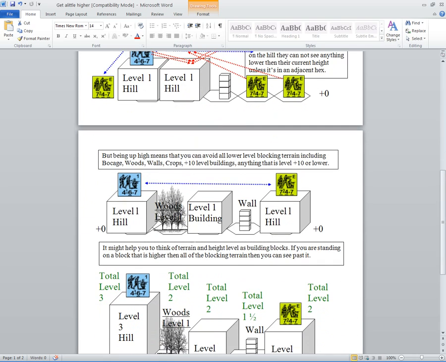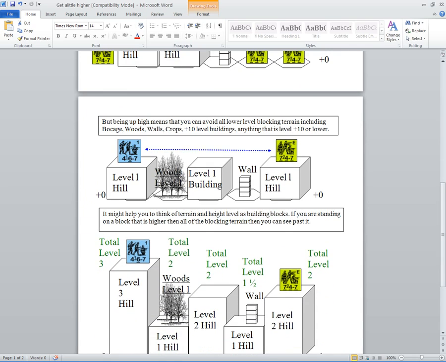Alright, but when you go up in height, that means you can avoid all the lower level blocking terrain, including bouquets, woods, walls, crops, level 1 buildings, anything else that's level 1 or lower. So if I'm at level 1, basically anything that's at level 1 or lower, I can see right over.